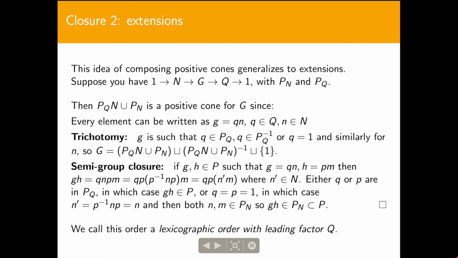Or both q and p are equal to 1, in which case n' is just n, and both n' and m are in P_N. So now gh is in P_N, so it's in P. So that finishes the proof for the semigroup closure. We're going to call this lexicographic order with leading factor Q.